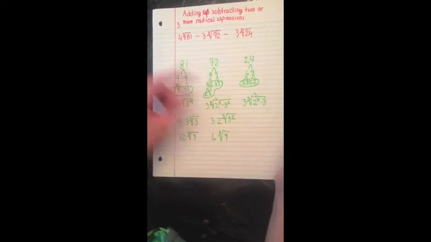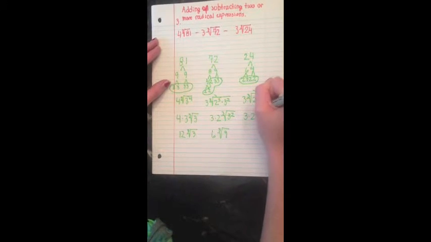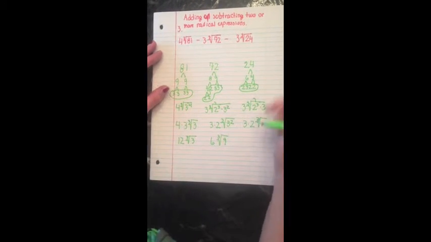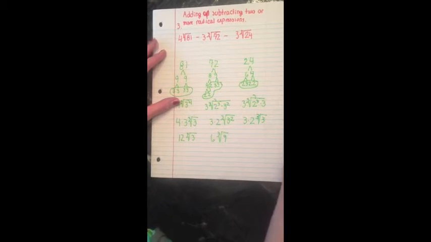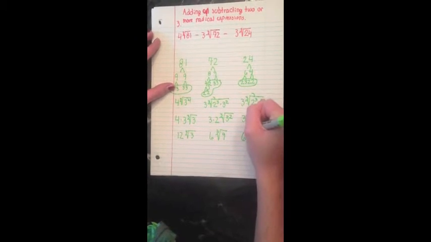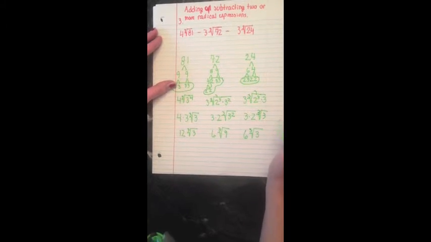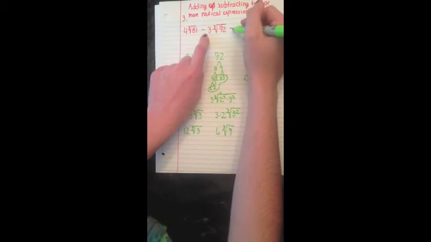So we see there's 2. So 3 times 2 times the cubed root of 3, with 3 still under the radical. So it's 6 times the cubed root of 3. And now we bring down all the signs.